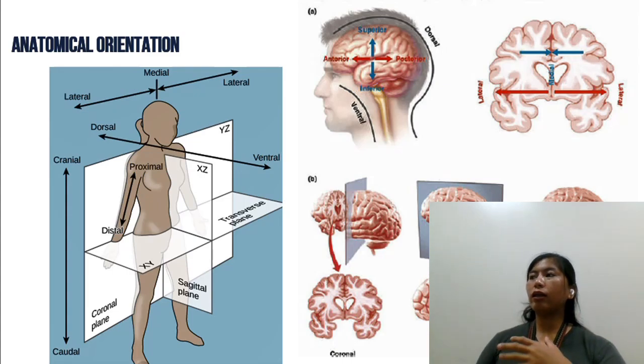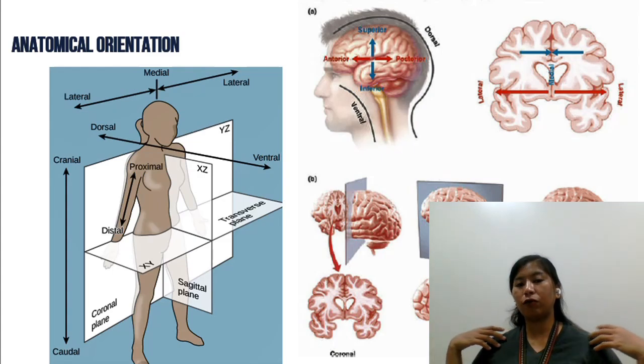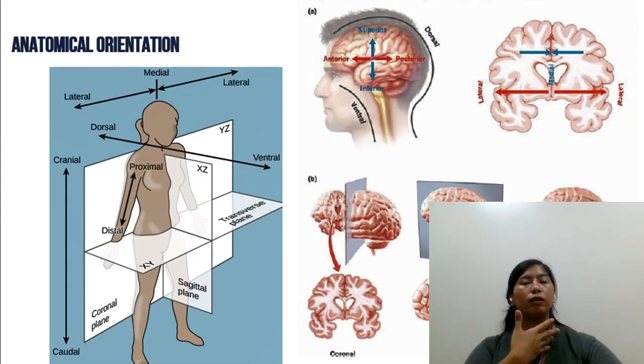And then proximal and distal is referring to how close it is to the center of your body, and distal would be referring to how far it is from your center. So proximal means closer, distal means farther.